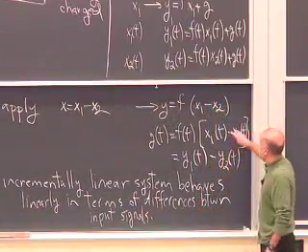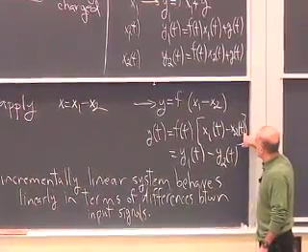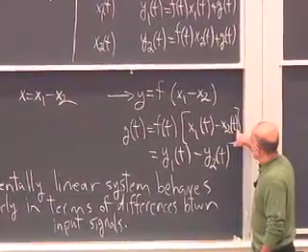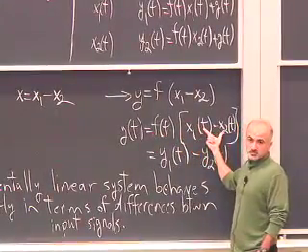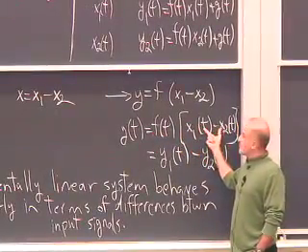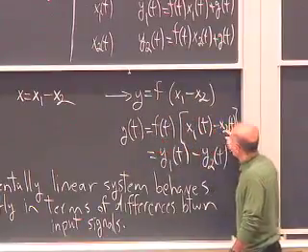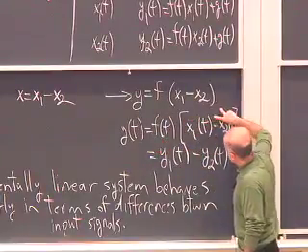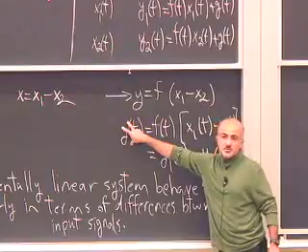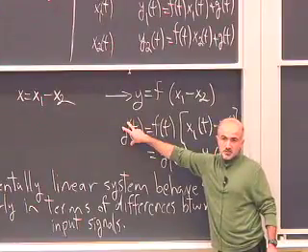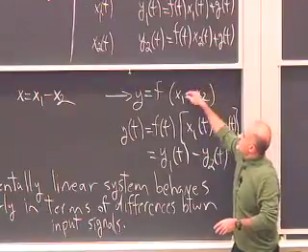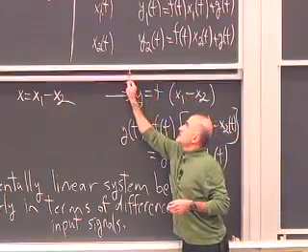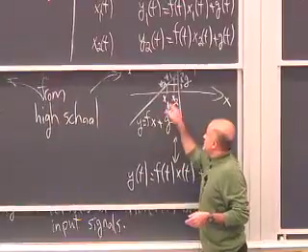Maybe the confusion is that I'm not saying that this will be the response due to this signal. But you can model this as a linear system in its own right. In other words, you just have an offset. In the case of the high school line, the offset was a number.